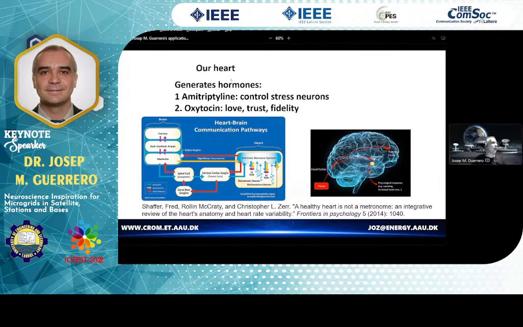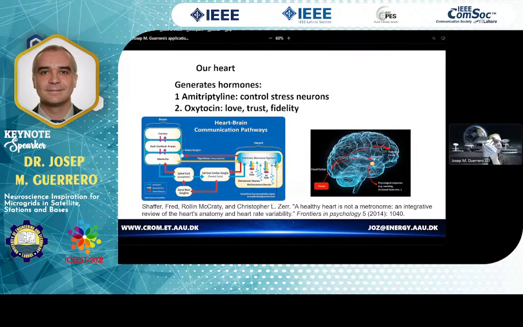our heart also generates hormones, like amitriptyline, which also controls the stress neurons, as we connected with what was said before, and oxytocin, which is the one that, for instance, women who breastfeed their babies also generate.